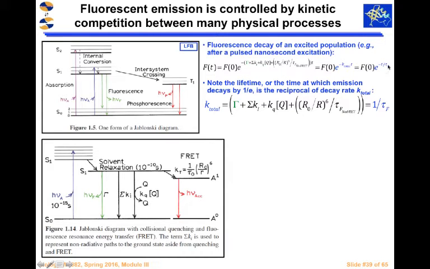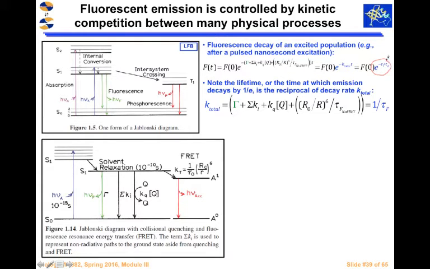And so we can look at the mathematics describing that. If we describe that fluorescence lifetime by a variable tau f, when the observation time t is equal to tau f, we will have e to the negative tau f over tau f, or e to the negative 1, right?